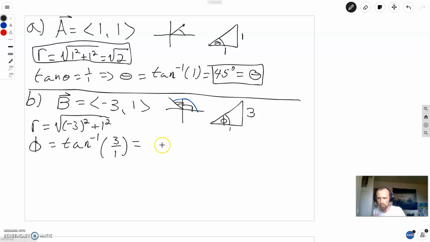That'll get me 71 degrees. And that kind of makes sense. This negative 3, this is a bad picture. It should be lower over here. So then my theta equals 90 plus phi, which equals 161 degrees.